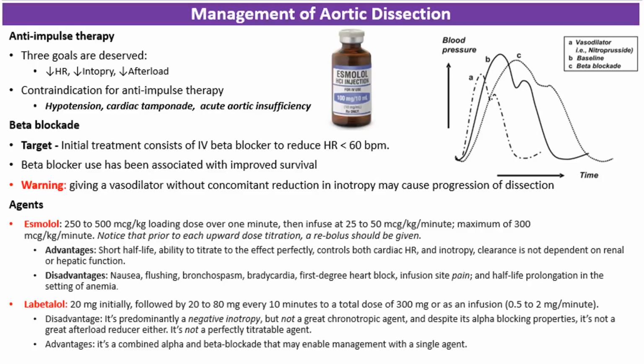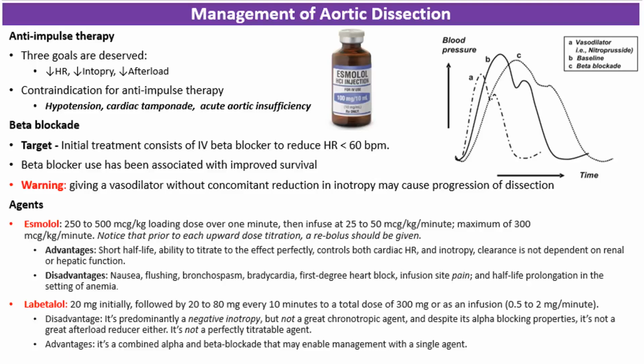Administration of anti-impulse therapy should not interfere with the timely transfer of the patient. Anti-impulse therapy is usually accomplished with antihypertensive therapy, typically using intravenous beta blockers. Inotropic agents should be avoided since they will increase aortic wall shear stress and may lead to progression.